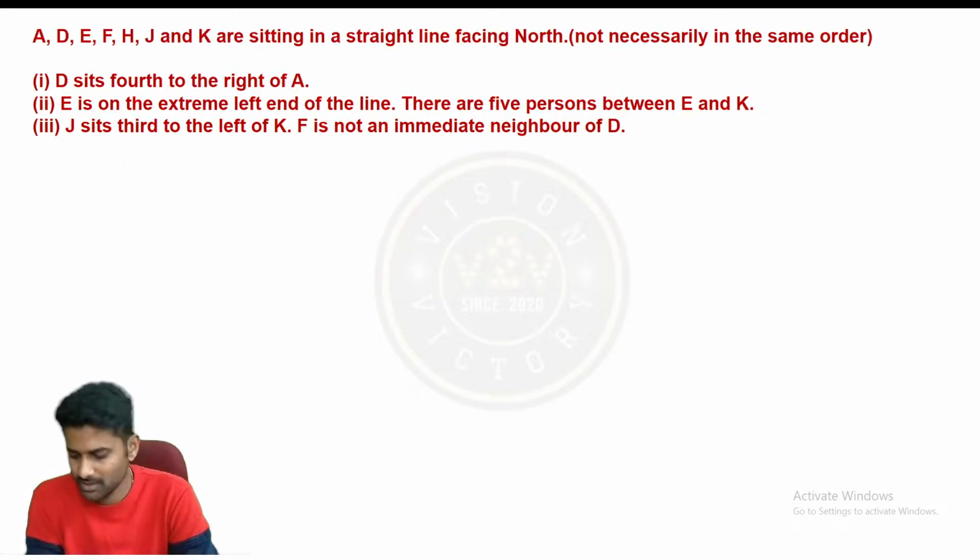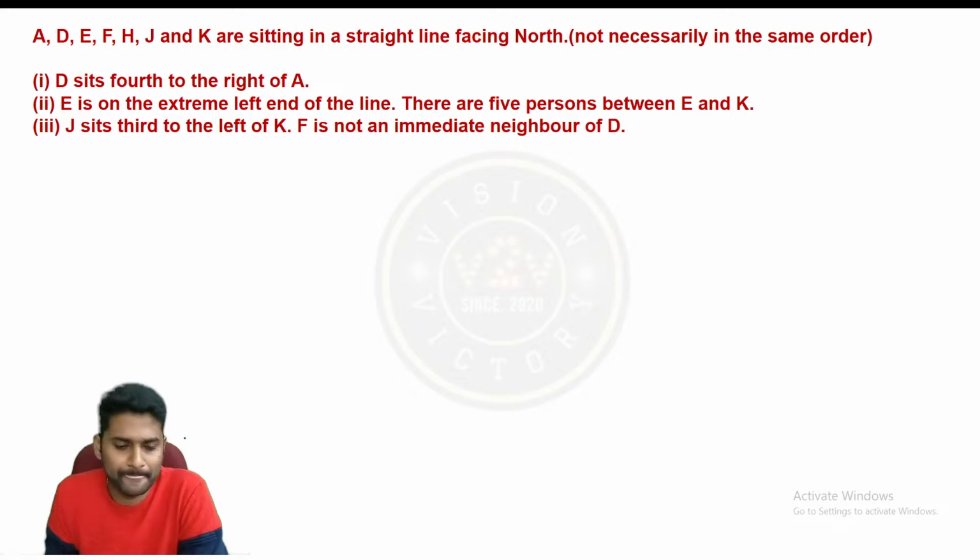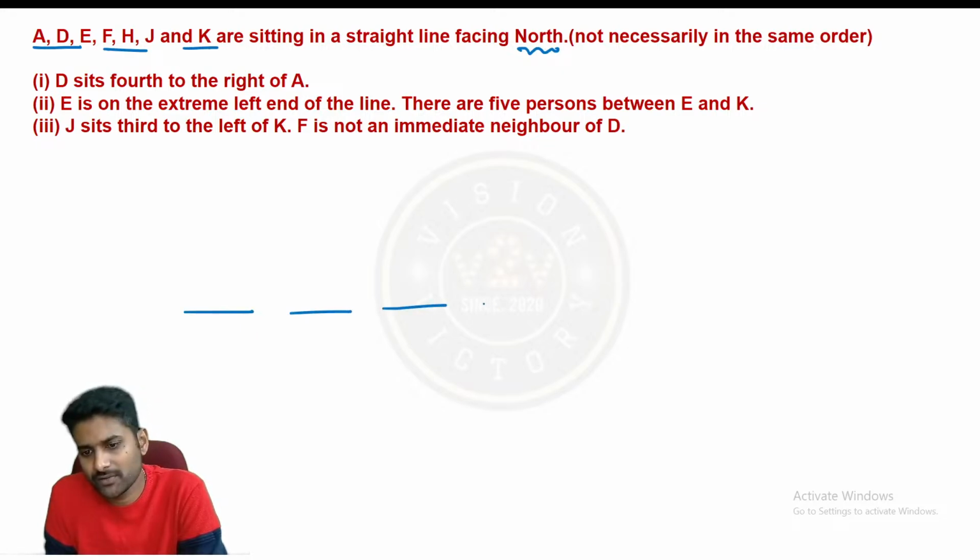Next. Just go through this arrangement. A, D, E, F, G, H, J, K are sitting in a straight line. All are facing north. Now here, the total number of persons is 7.